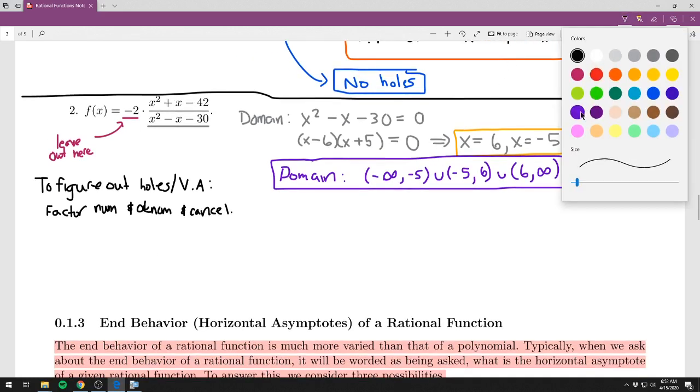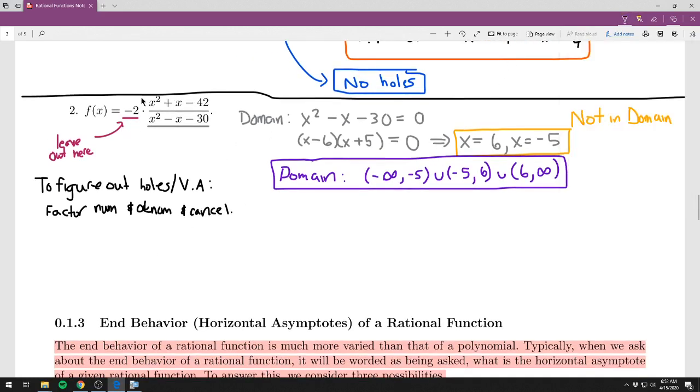Now the -2, I think it's a good idea to leave it there so you don't completely disregard it. If you had more to do with the problem, you wouldn't want to get rid of it, but just leave it out front.